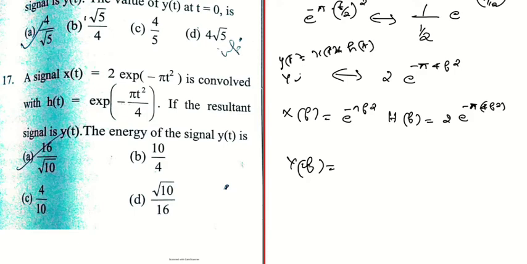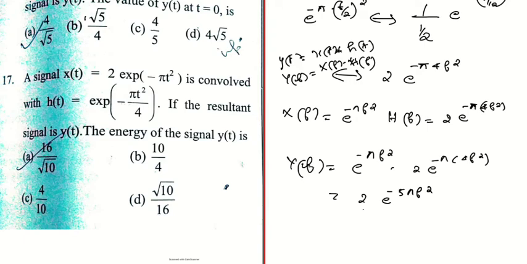In the frequency domain, it will be y of f is equal to x of f into h of f, right? Convolution in time domain is multiplication in frequency domain. So it will be e raised to minus pi f square into 2 into e raised to minus pi into 4 f square, which is equal to 2 into e raised to minus 5 pi f square.